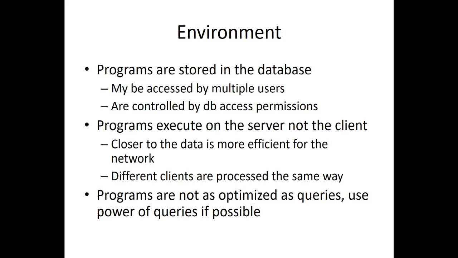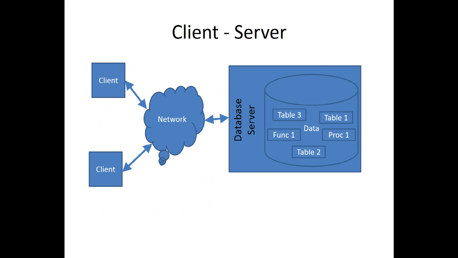The order by is going to be far quicker at sorting in the database than pulling it into the program and comparing it in memory and variables and doing some kind of sort. So whenever possible, we want to put our work into the selects, into the queries that we've seen, and try to keep it out of the stored program. But there are some places where we can't do that.